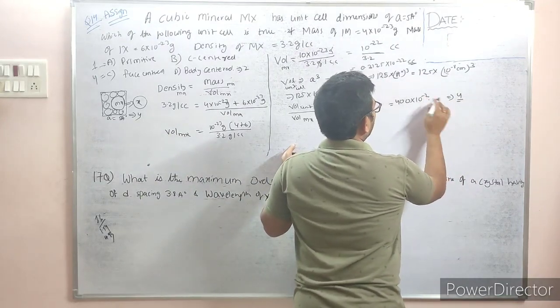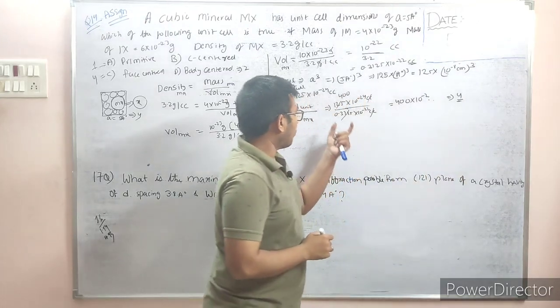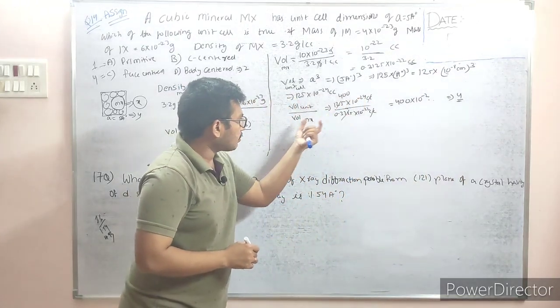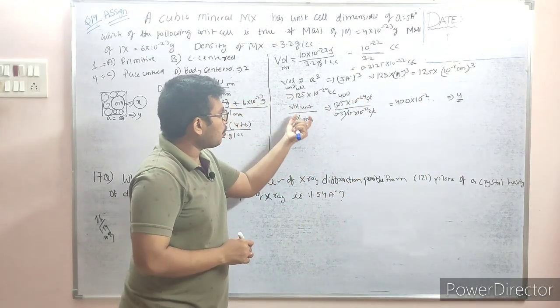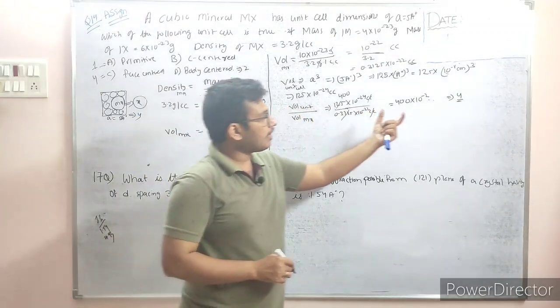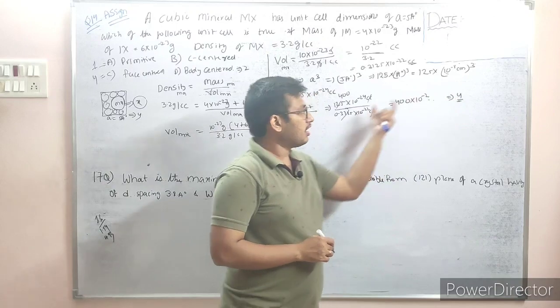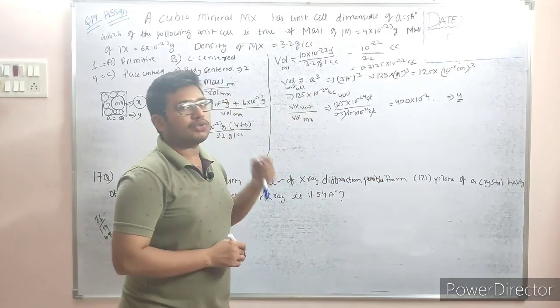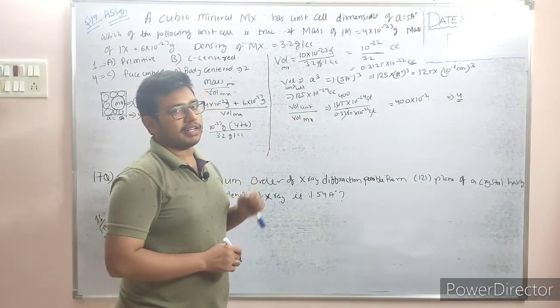So 4 means 4 atoms of mx are required to fill the entire volume of the unit cell. That means we are getting 4 effective atoms to completely fill this unit cell. That's why we are dividing it.